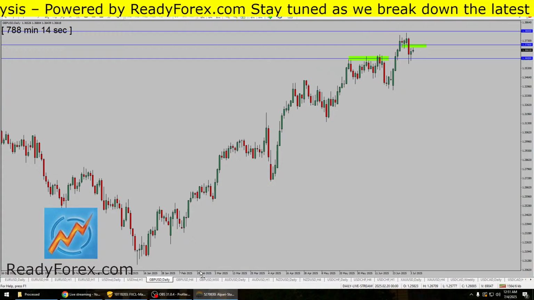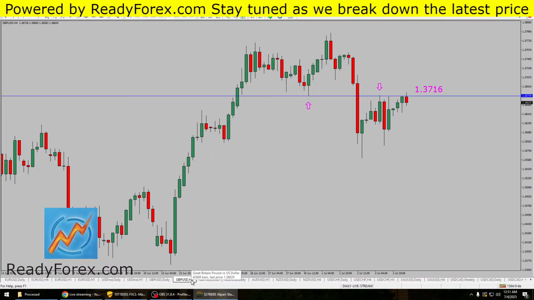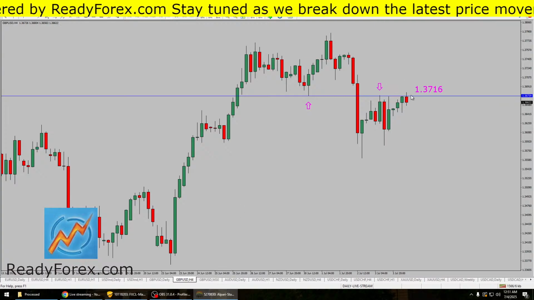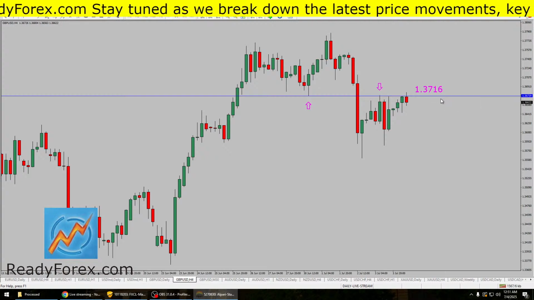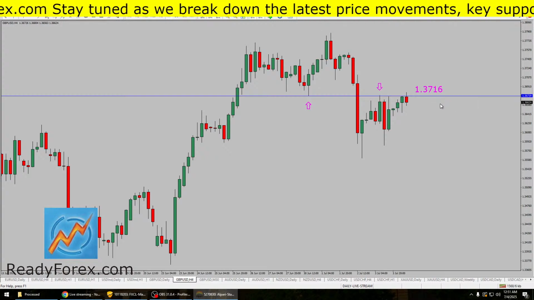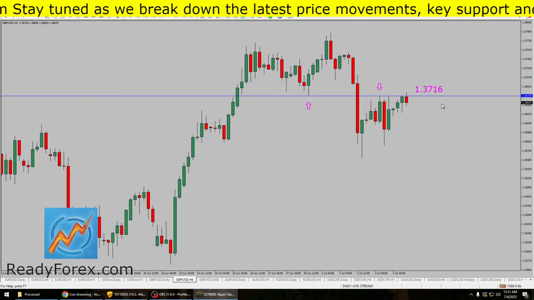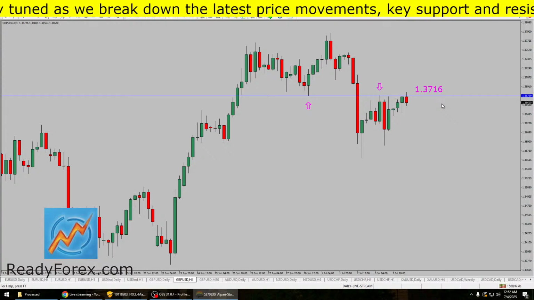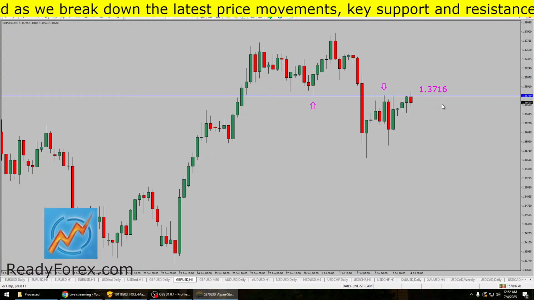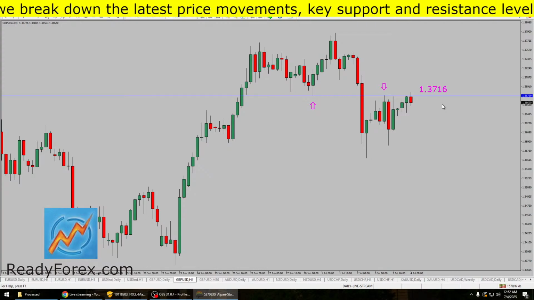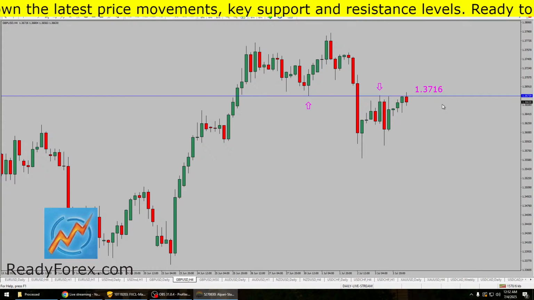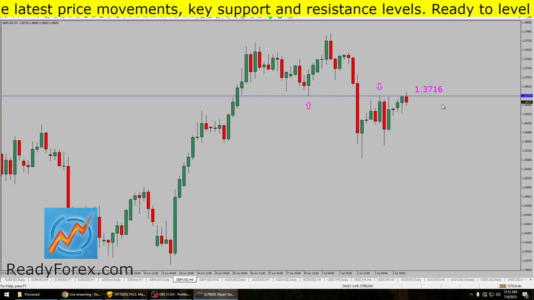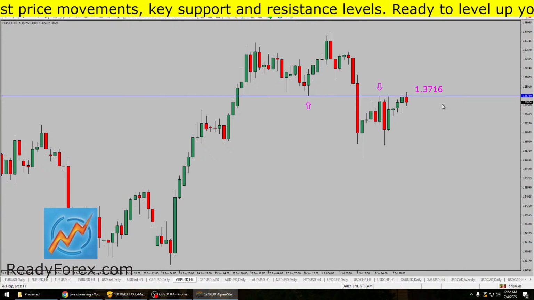If you go over to a 4-hour time frame, we have the resistance level, which was previously working as a support, at the 1.3716 level. Right now price action actually tested this level. However, the way I see it, we want price action to close a bullish candlestick above the 1.3716 level.